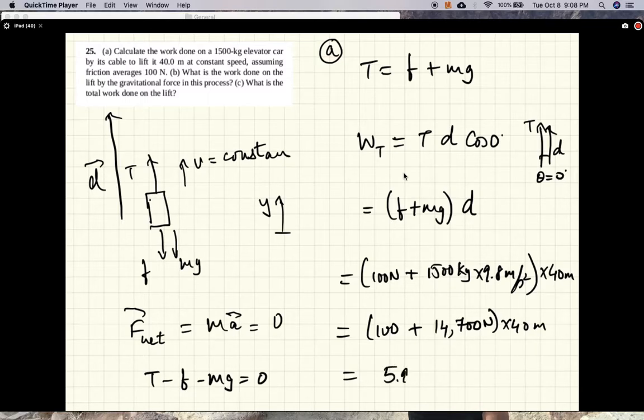So 5.92 times 10 to the power 5 joules. So that's the work done by tension.